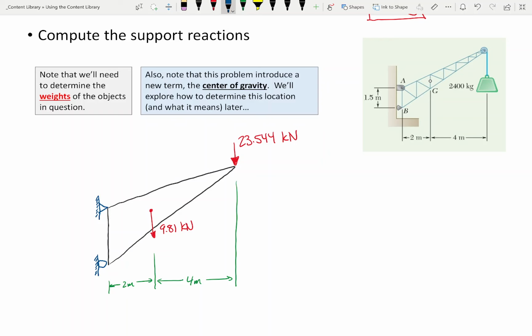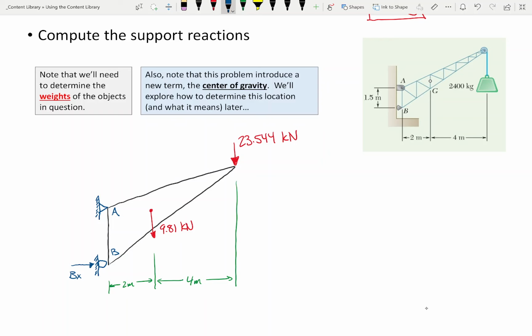I'm going to assume, so this is point A, this is point B. How many reactions are at point B? 1. And it's got to go in the direction of the roller. So I'm going to do that, call that BX. And for the support at A, how many reactions do we have? 2.